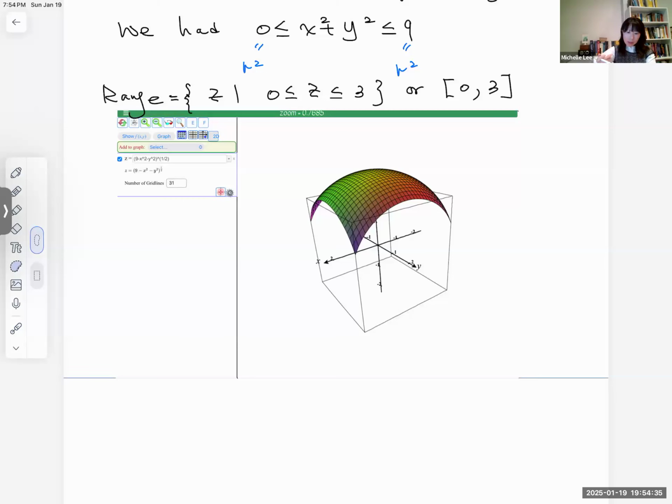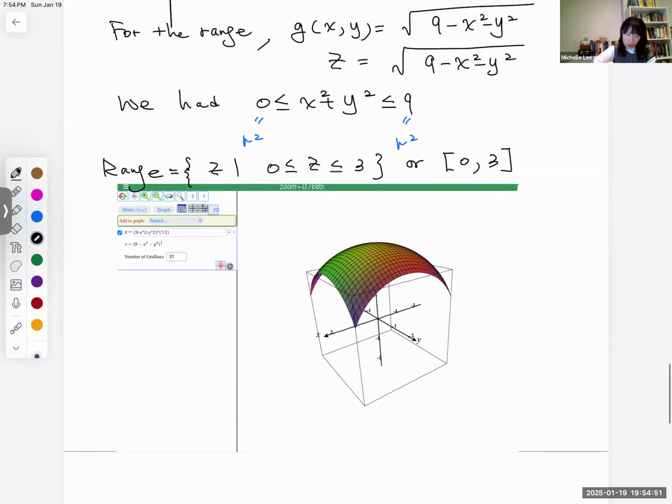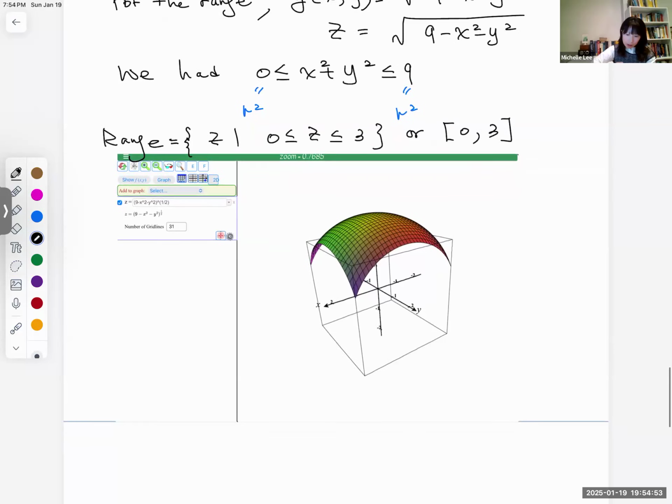So this is a screenshot from the Calc 3D plot website. So let's take a look. So this is z, right?